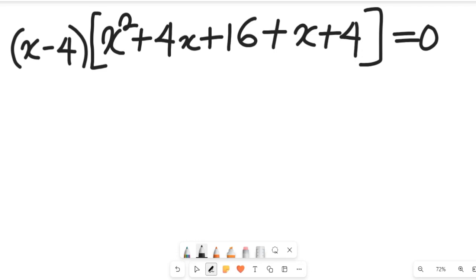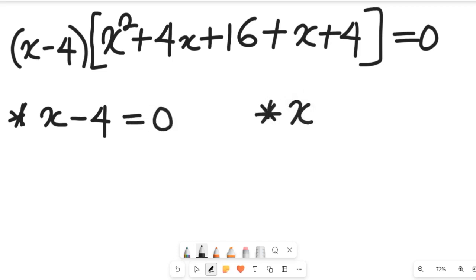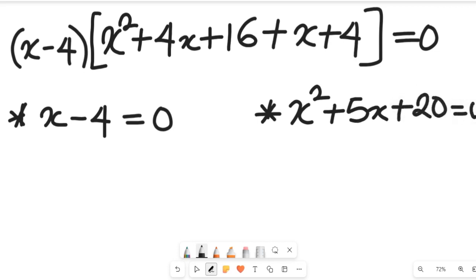From the zero product law, we'll have our first case, x minus 4 equal to 0. And then we'll have our second case to be x squared plus x plus 4x plus x, which will give us plus 5x, plus 16 plus 4, which will give us plus 20, and this will be equal to 0.